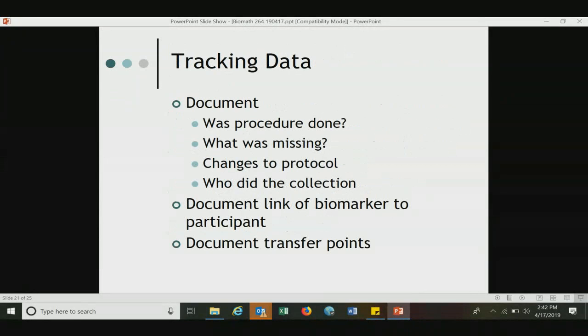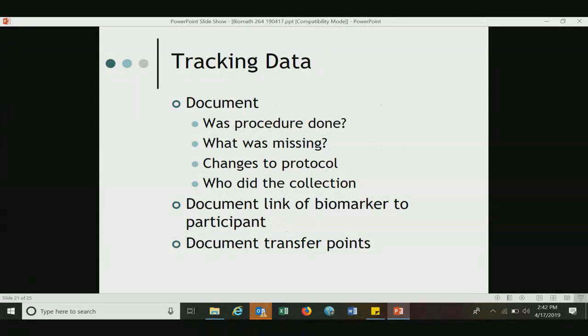So make sure that you document: was the specimen collected? Was the imaging done? Is anything missing? Was there a change to the protocol? Who did it? And figure out how to link the biomarker to the participant. When you do images, lots of times you get a serial number, and make sure that you have a way to link that serial number with the patient's ID.